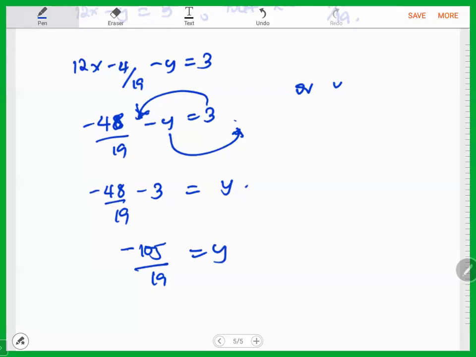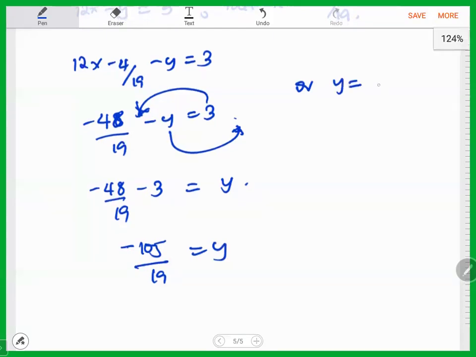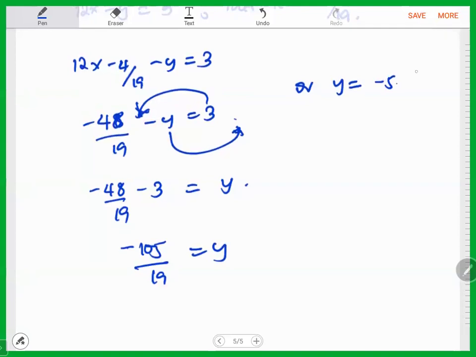Or your y is equal to negative 5.53, it is up to you to determine. So that is how you would go ahead and solve using the linear elimination method.